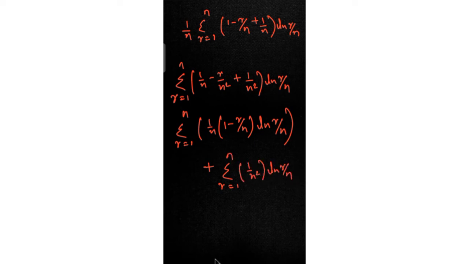Fine, and now this is basically sigma r equal to 1 to n, 1 by n into (1 minus r by n) into ln r by n. If I assume r by n as x, as we have already assumed, we can convert this into the integral from 0 to 1 of (1 minus x) ln x dx. So this is the value of this, and I'll be evaluating this on the next page.